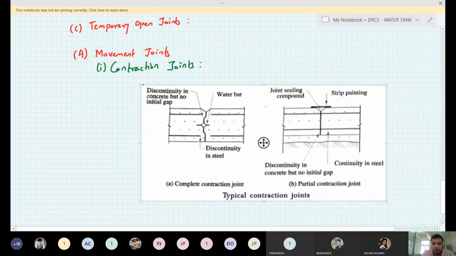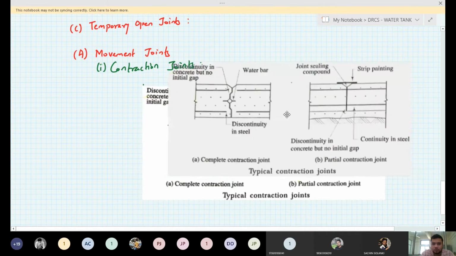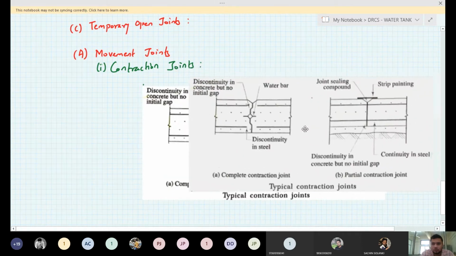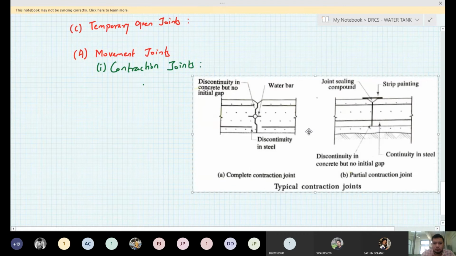So this is the type of contraction joint. Okay, and again it has two types. It can be a complete contraction joint, or it can be a partial contraction joint.